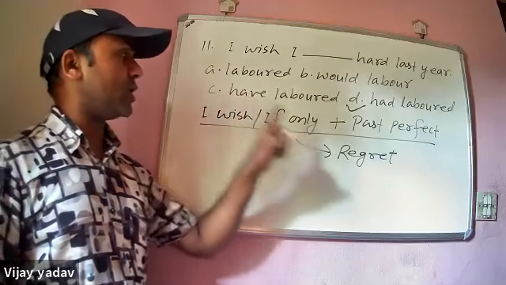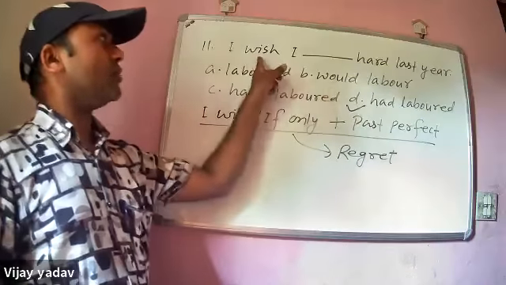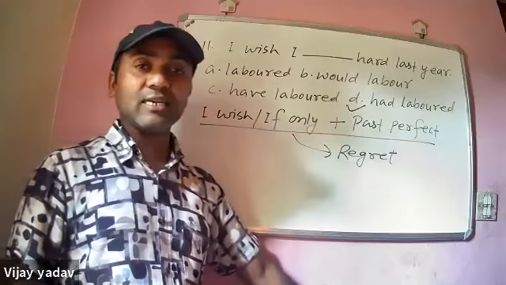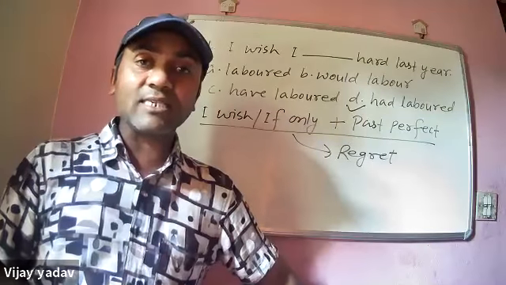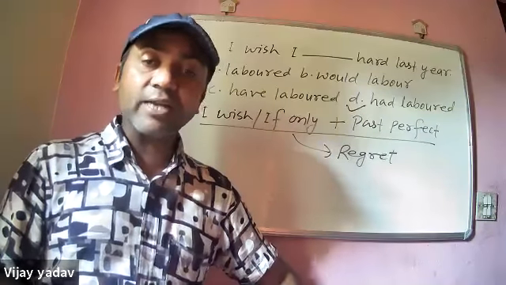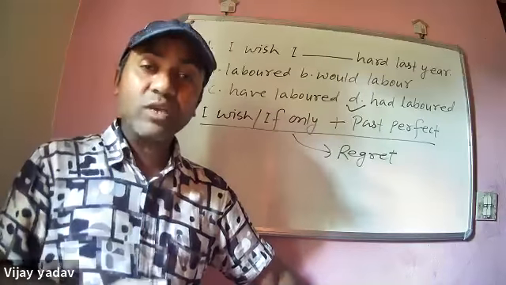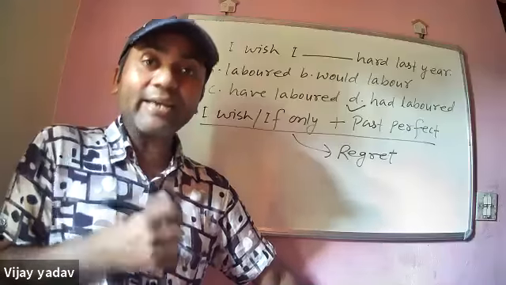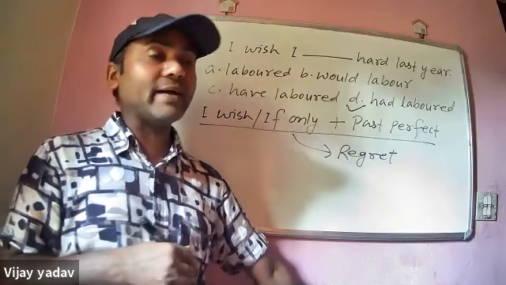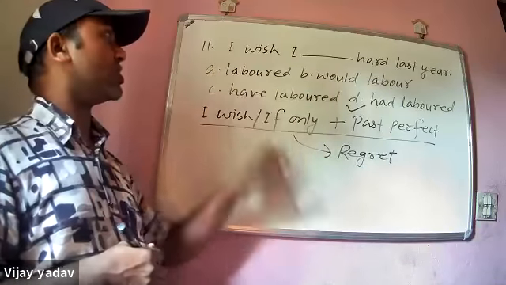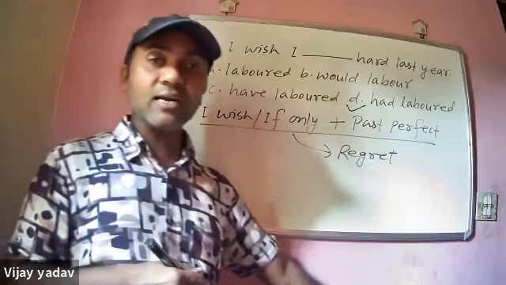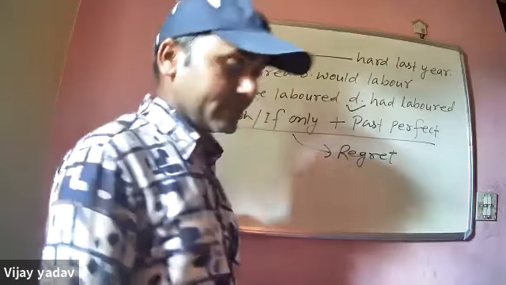After I wish or if only, past perfect. I wish I had labored hard last year. It means last year I didn't labor hard and so failed in the exam. And now I am having the repentance. I have the regret. So how can I express my regret? By using this structure. I wish I had labored hard last year. Okay.